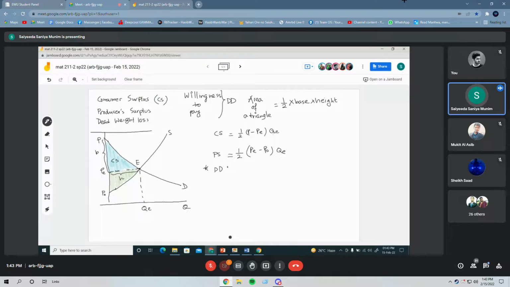So demand is this, and supply is this. The question is to find CS and PS, the consumer surplus and producer surplus.